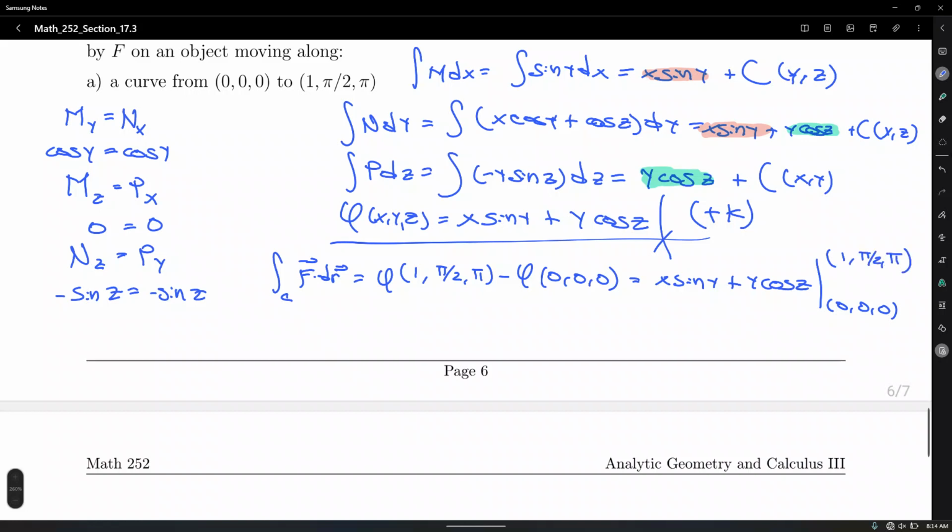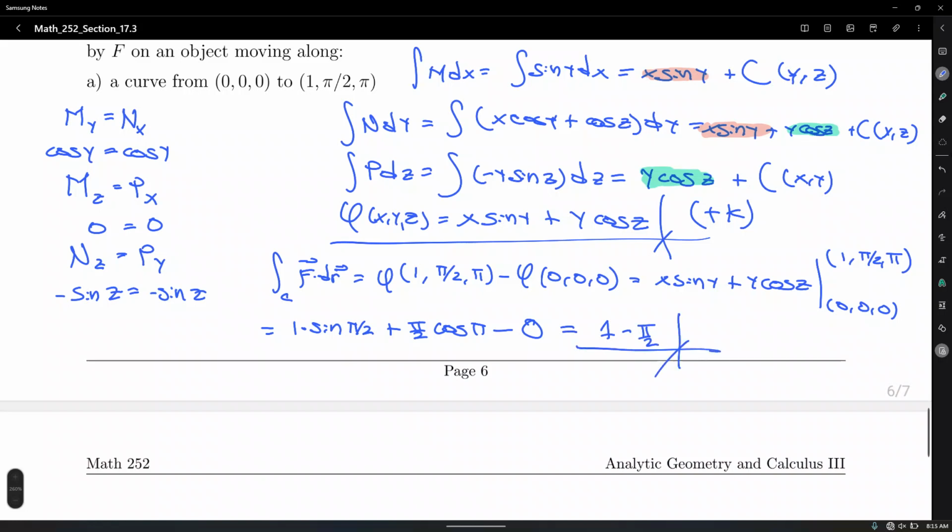Upper limit minus lower limit, we just substitute. So that is x, which is 1, times sine y, which is pi over 2, plus y, which is pi over 2, cosine of pi, minus, you guys agree that if we substitute 0 for x and 0 for y, everything goes to 0? So minus 0. So this will be 1 minus pi over 2.